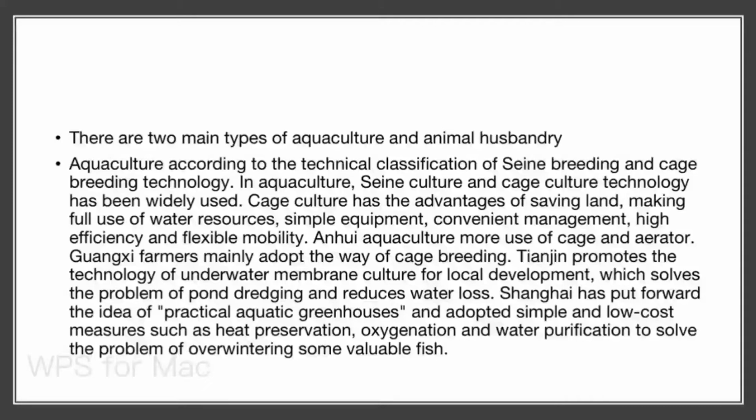Shanghai has put forward the idea of practical aquatic greenhouses and adopted simple and low-cost measures such as heat preservation, oxygen, and water purification to solve the problem of overwintering some valuable fish. And Anhui, Tianjin, Guangxi, Shanghai, these places are in China.